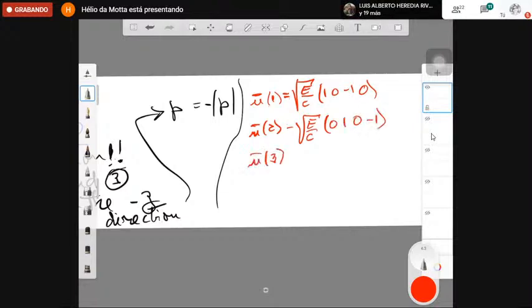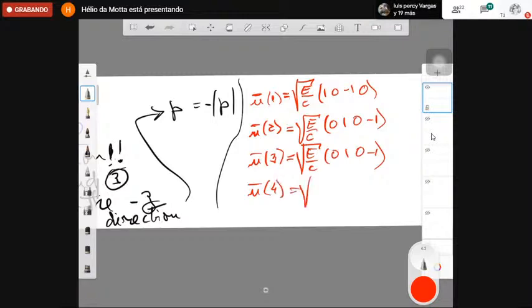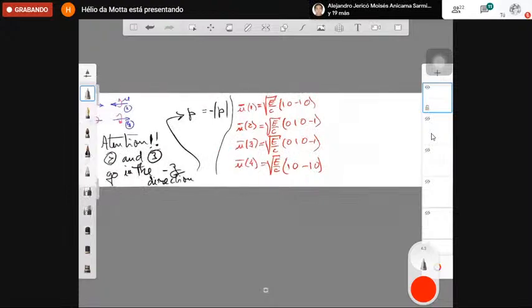You see? 0, 1, 0, minus 1. 1, 0, minus 1, 0. Okay? Now all I have to do is to apply this to those equations that we have there.